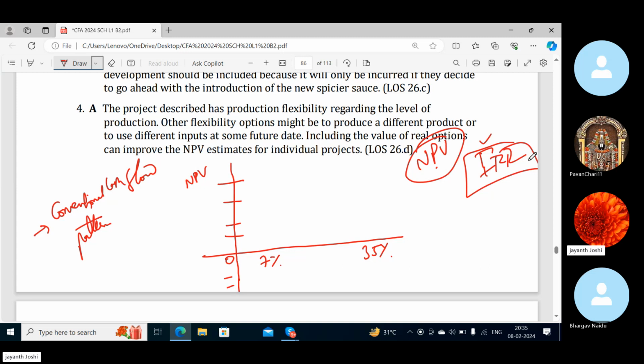IRR is not superior because of the unconventional cash flow pattern. This is the conventional cash flow pattern. This side there can be an unconventional cash flow pattern. Now you may have a question in your mind, what is conventional cash flow, what is unconventional cash flow?